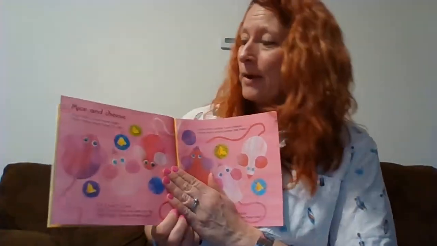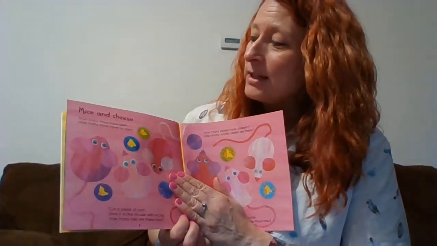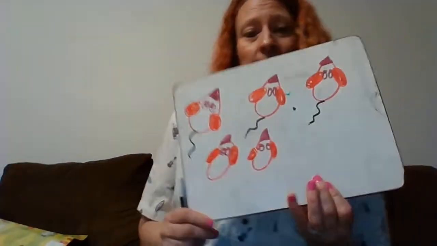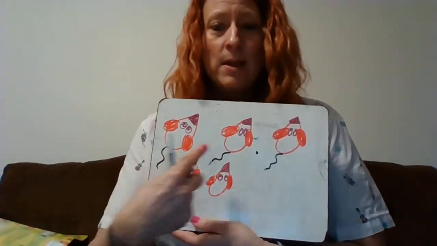All right, we're going to do one more page. It says, mice and cheese. How many mice have tails and how many mice have no tails? So I did my mice, and I have 1, 2, 3 mice that have tails.